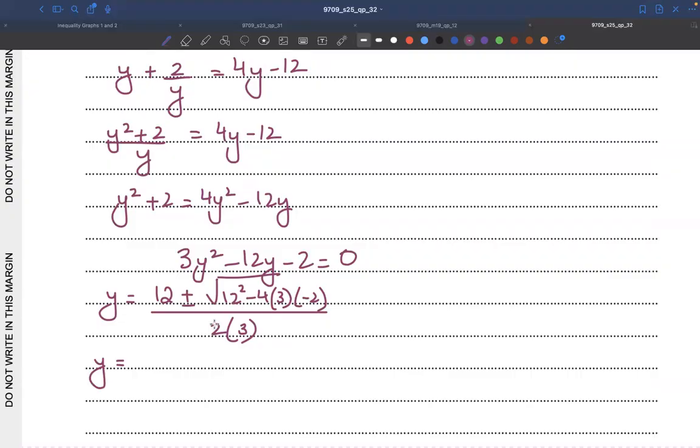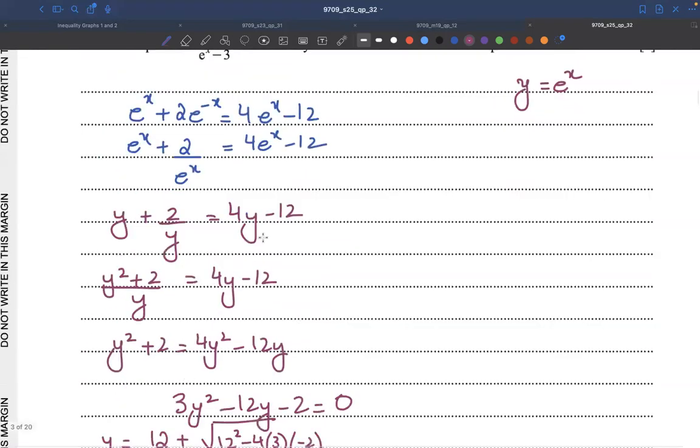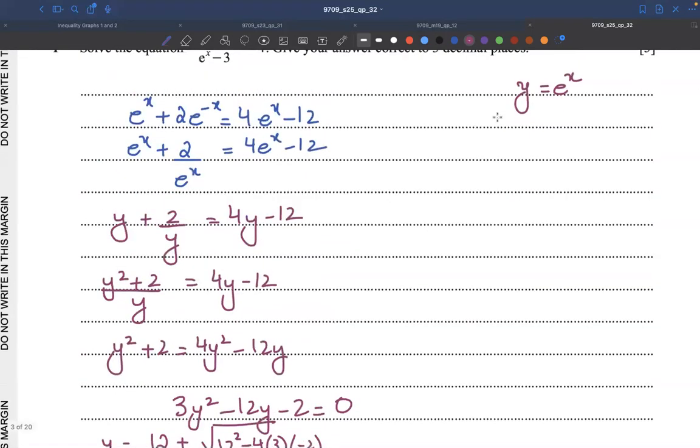So once we have shown this, we can substitute this into the calculator. We'll get 144 plus 24, and then we'll square root the value. We'll get 12.96. So we'll get (12 ± 12.96)/6. Now, with y = e^x, y has to be a positive value.